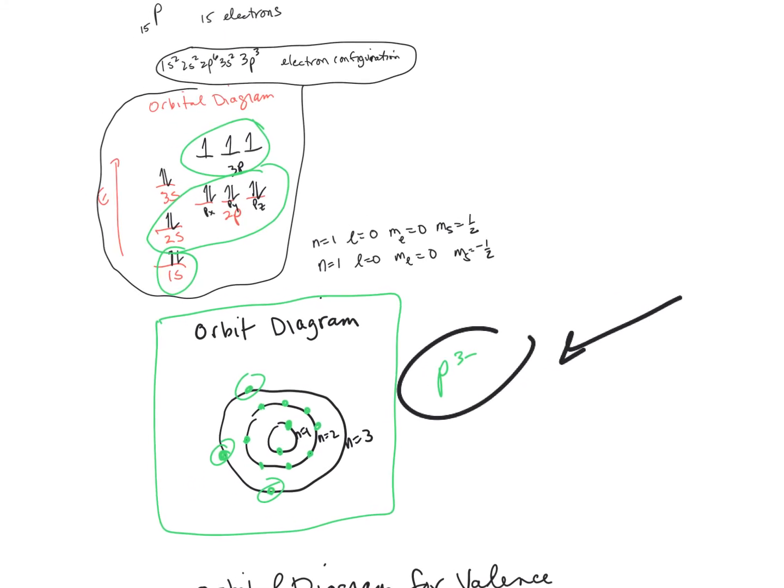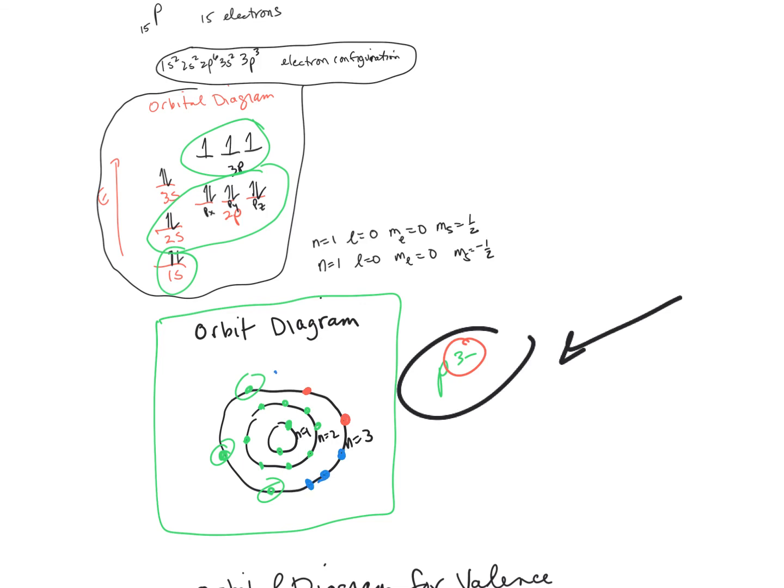Yeah. How many electrons does phosphorus have? 15. So 2, 3, 4, 5, 6, 7, 8, 9, 10, 11, 12, 13, 14, 15. Okay, yeah, this part was wrong. So there's 10 and 5 is 15. Then if you add 3 more, I'll make those blue. You're going to have 1, 2, 3. Is that right now?